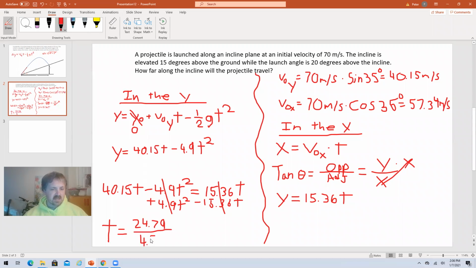This is how many seconds this projectile is going to be in the air after we fire it, both on the y and the x-axis, right? So 24.79 divided by 4.9, okay, it's about 5.06 seconds.